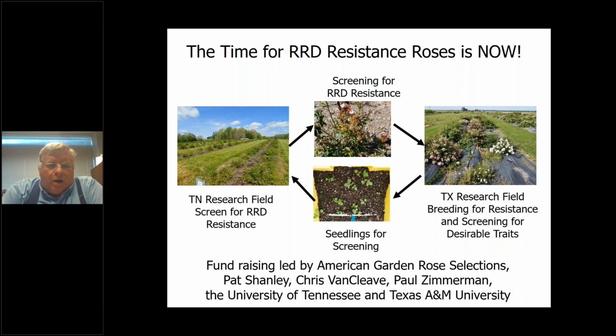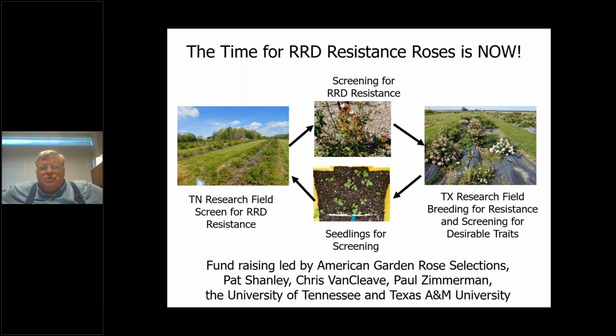We will screen them for years for resistance. It's a very harsh test. And then if they pass our test, we send the results back to Texas A&M, and those are the ones that they use. So now we've screened over 1,300 genotypes of roses for rosette resistance.